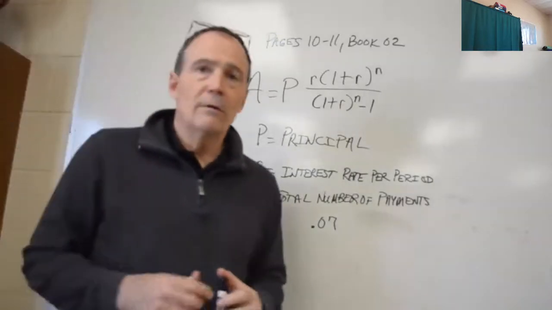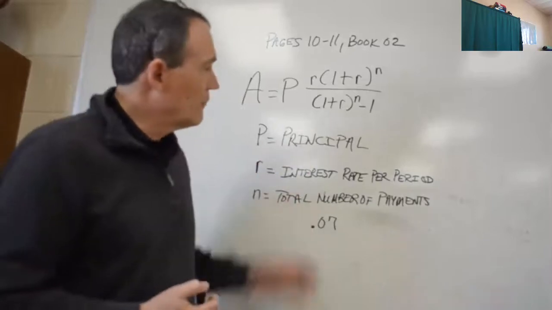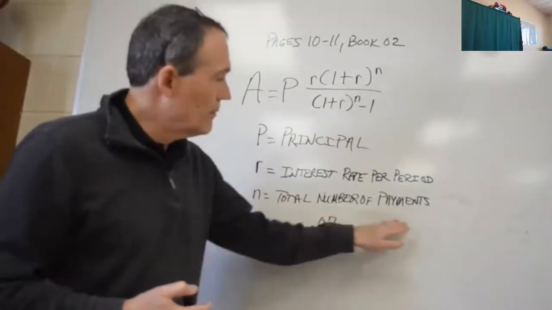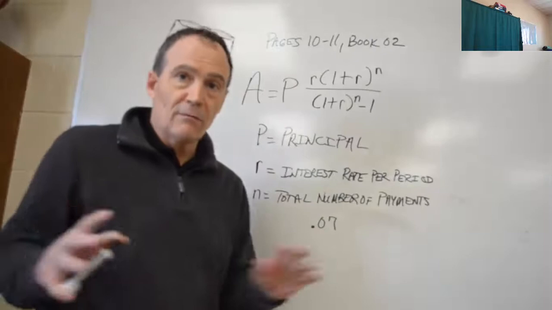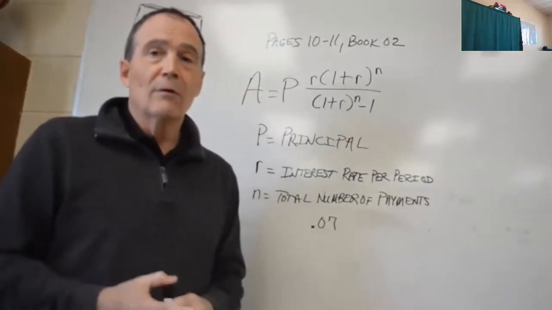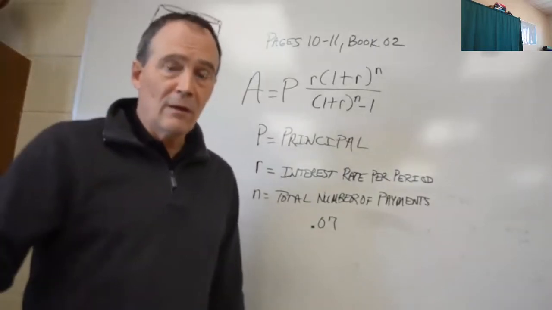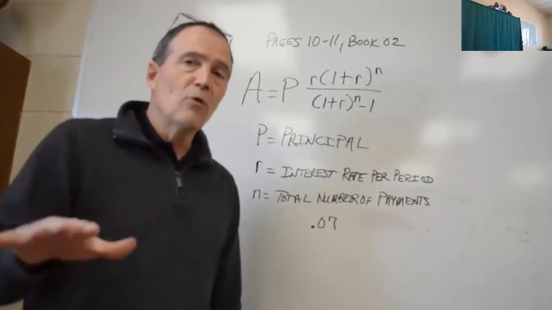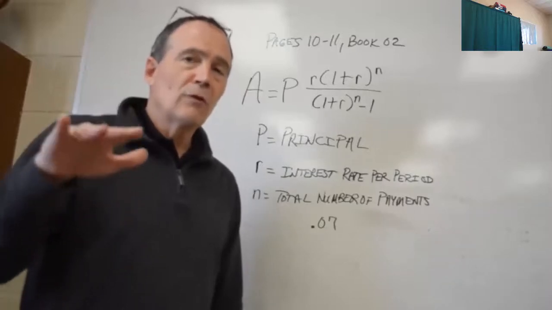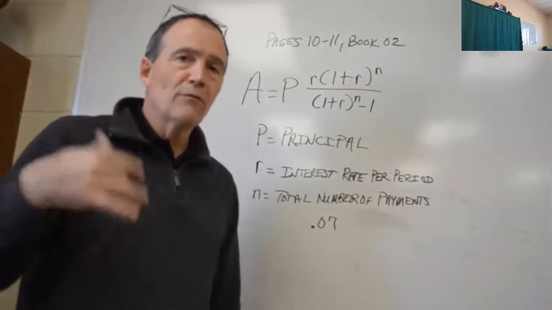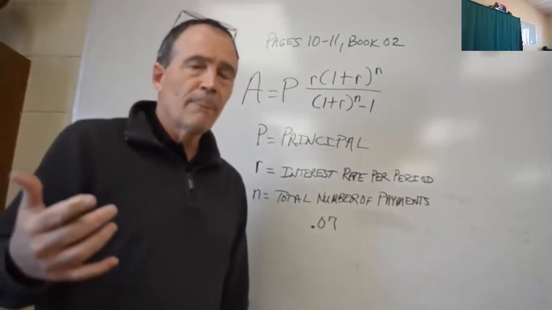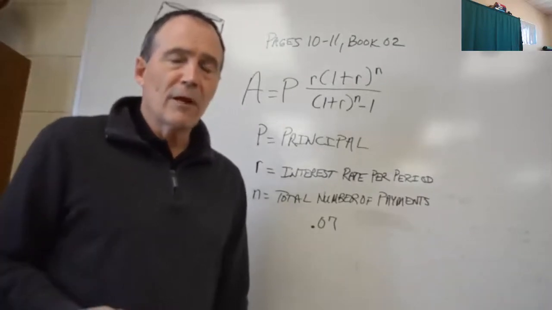Now, before we jump into this formula, I'm going to say something that I think you can run back if you need to, but this is really key. It's usually the point that students get hung up on when they start calculating the amortization.